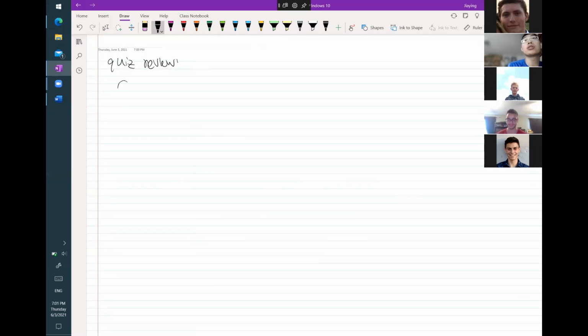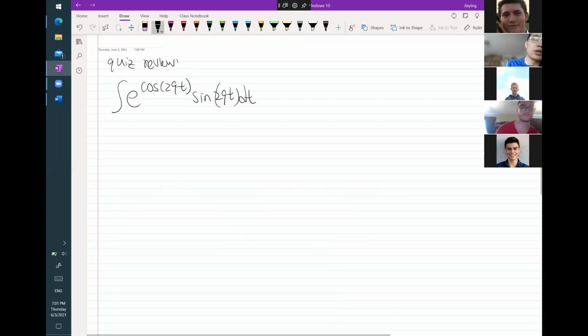So the question is integrating e to the cosine 29t times sine 29t dt. You may have a different number, but it doesn't really matter. To find the antiderivative, look at it by inspection.